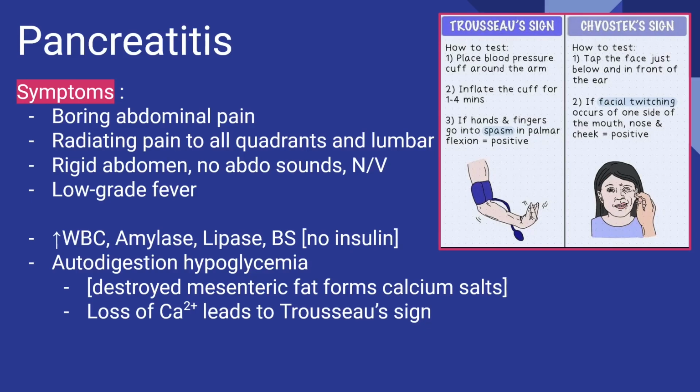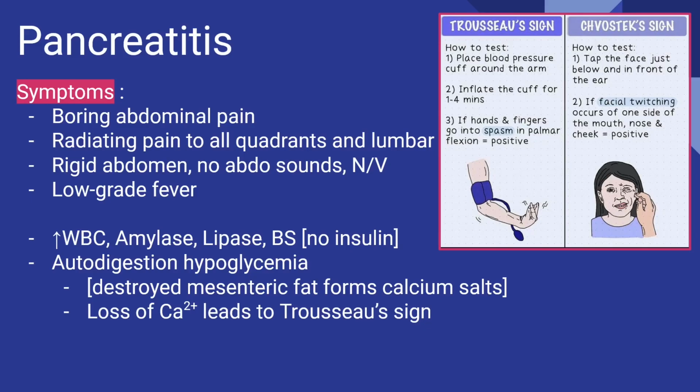Then what you end up seeing is a high white blood cell count, obviously, right? High amylase and lipase levels, as well as high blood sugar, because we're not able to administer this insulin to help recruit those glucose molecules into the cell. So what we call this is autodigestion.